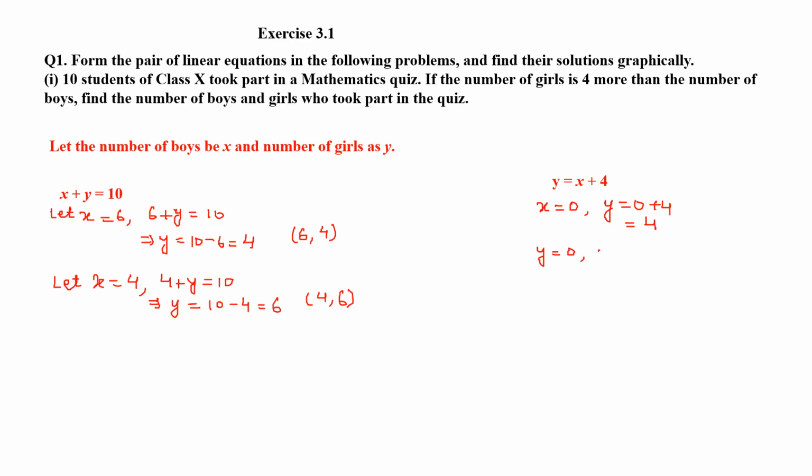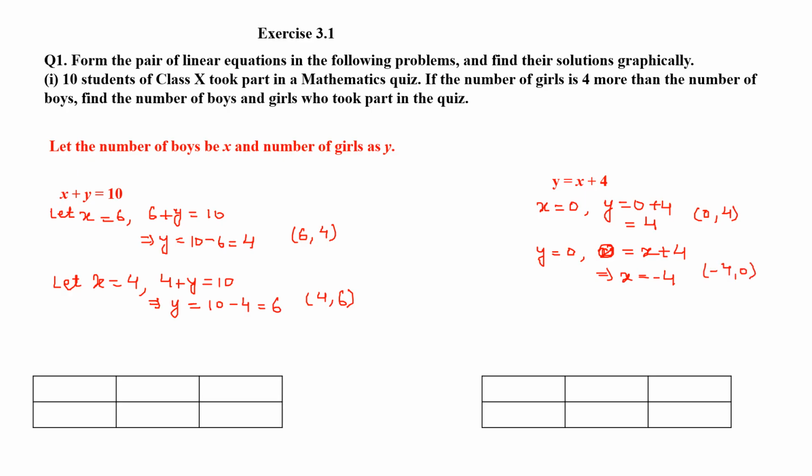So when I put y as 0, it will become 0 equal to x plus 4. And from here, I will get the coordinate of x as minus 4. So here I got one coordinate as 0 comma 4, and here I got another coordinate as minus 4 comma 0.